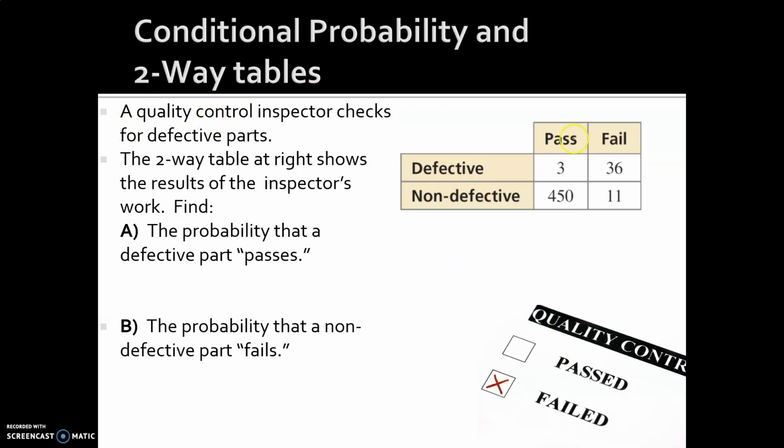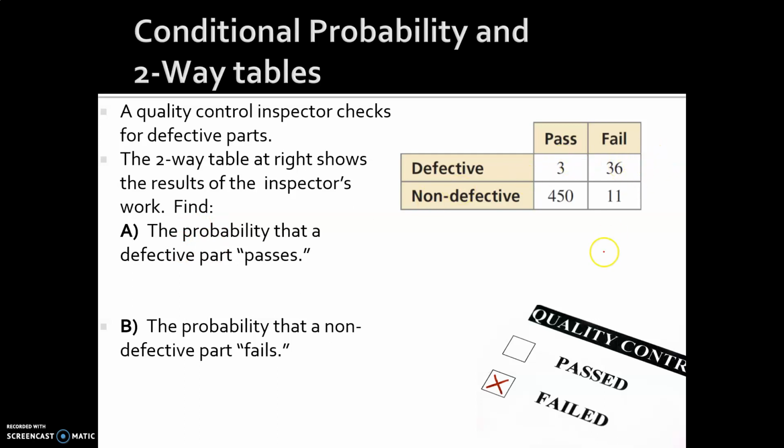So here we have what's called a two-way table. All right, there's one category here for defective, non-defective, and then one category here, pass or fail. And a quality control inspector wants to check for defective parts. And we have this table here. So first thing you're going to do before we answer this question is let's get all the totals.